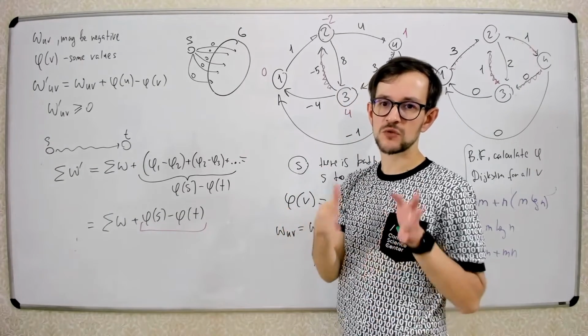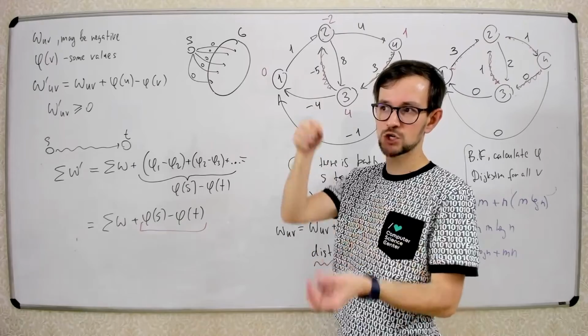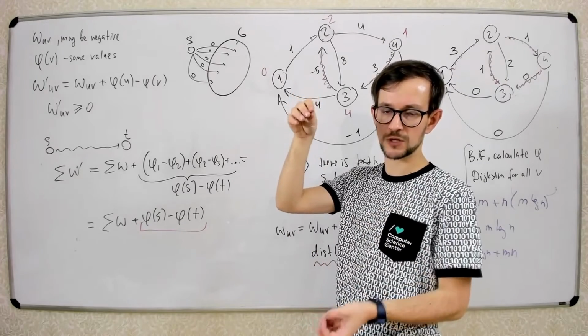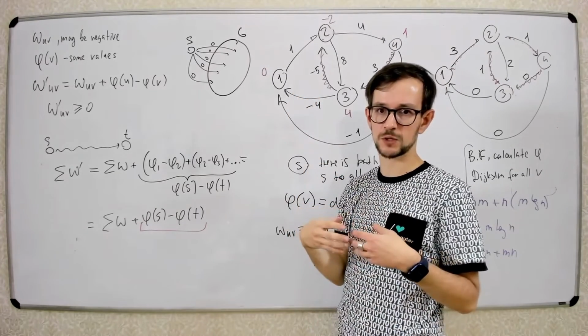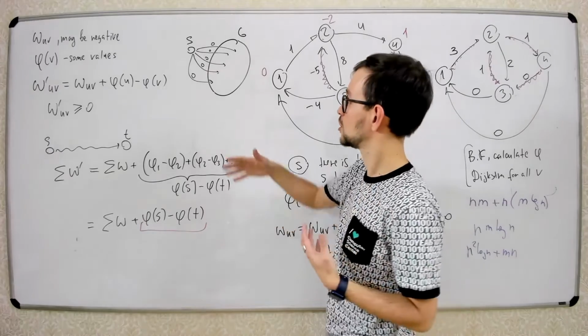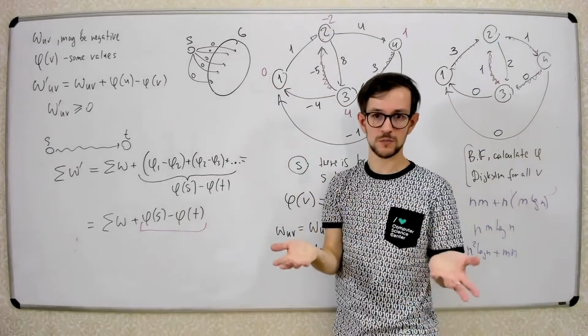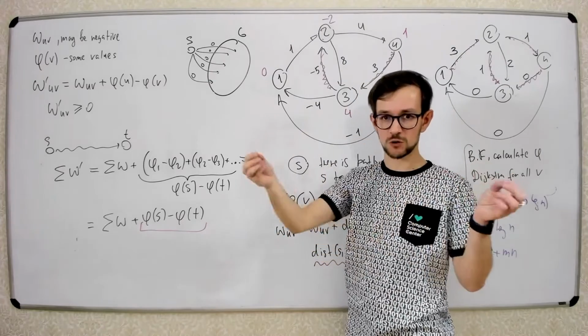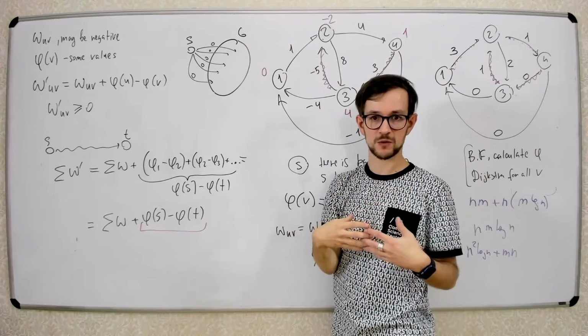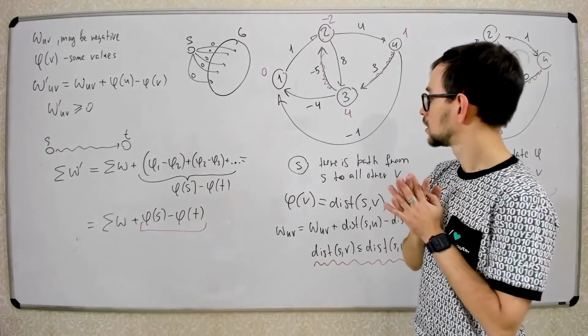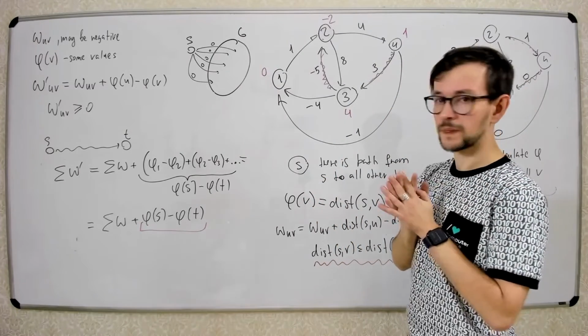So you can just modify your Bellman-Ford algorithm to initialize all distances to zeros and then apply the relaxations n-1 times. So if you don't want to change your graph, you can just start with all zeros and then apply the same relaxations. Cool. I think it's all for today.